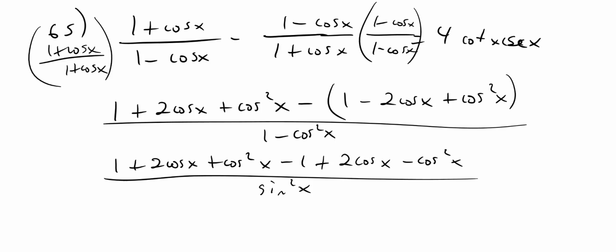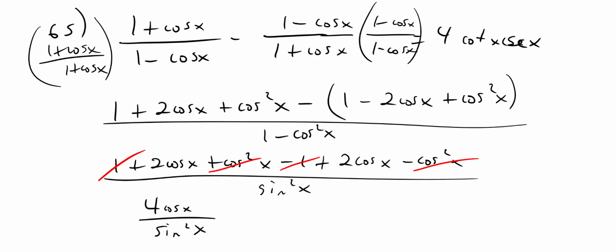Okay, so things cancel out here. The 1's definitely cancel, and the cosine squareds cancel. Okay, cool. So I'll simplify it more, sorry. 4 cosine of x over sine squared of x.